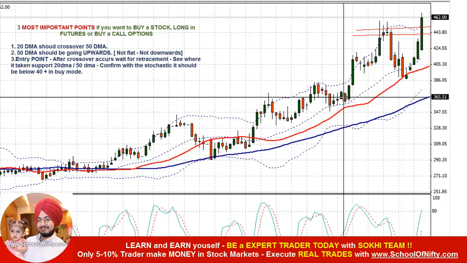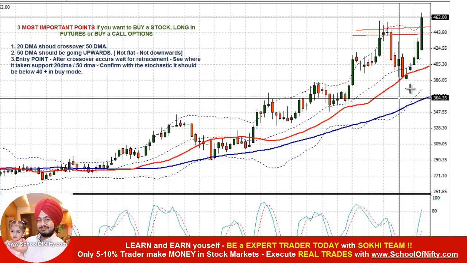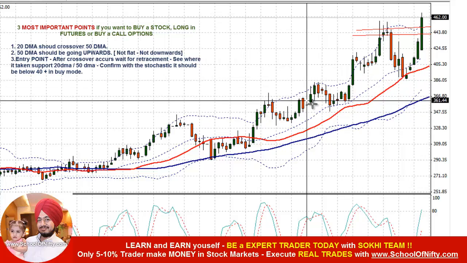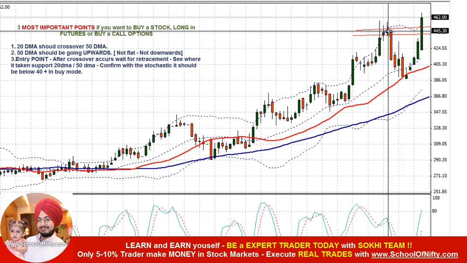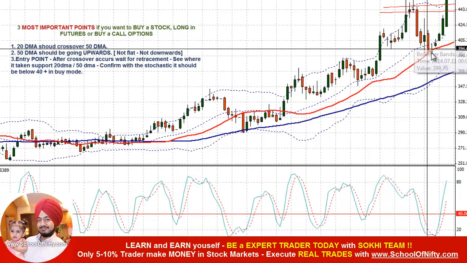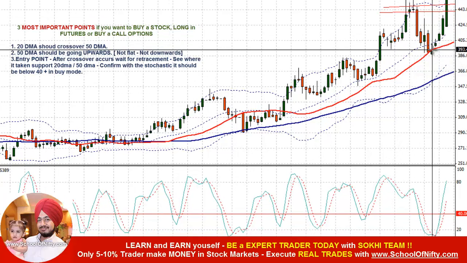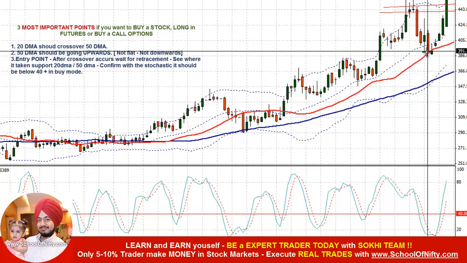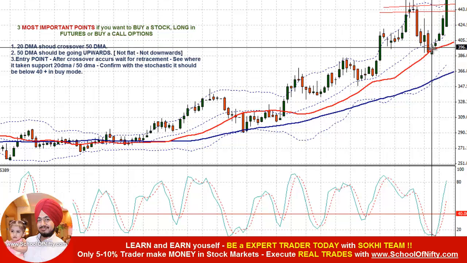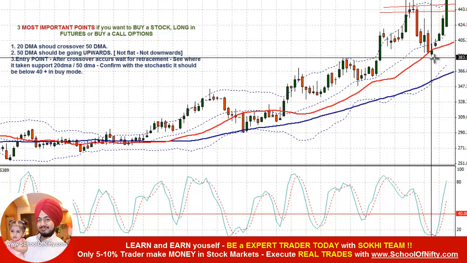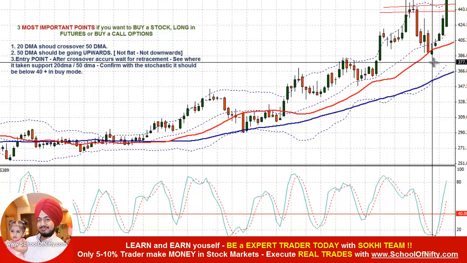Fine. 20 days moving average crossing over the 50 days moving average, plus the 50 days moving average going upwards, and we wait for retracement. So over here it has again gone up, and in the retracement it has gone down. So it has come near the 20 days moving average. Fine. Now when it has come near the 20 days moving average, we should look for re-entering the stock only after confirmation.